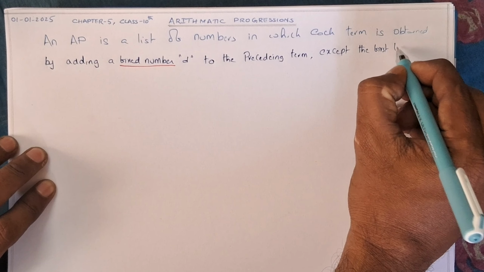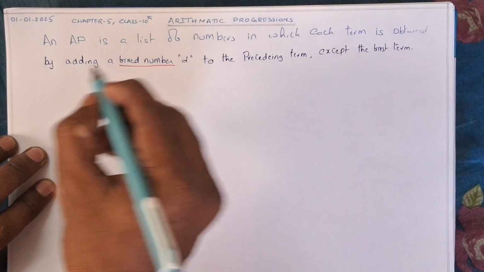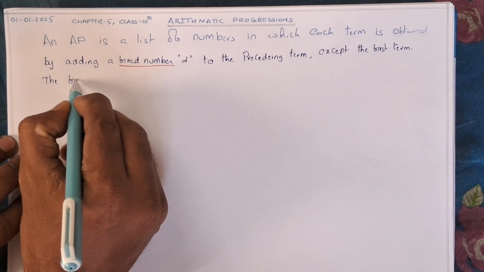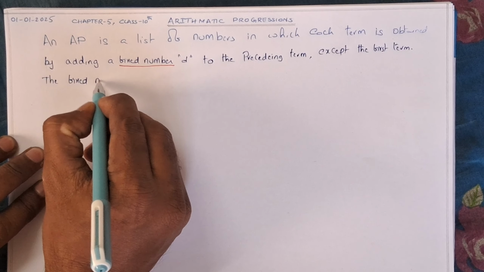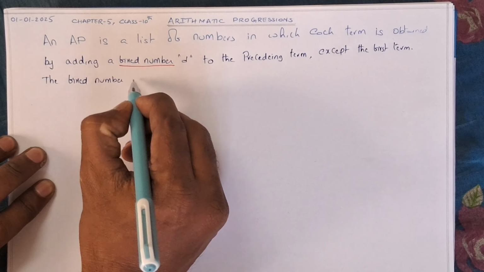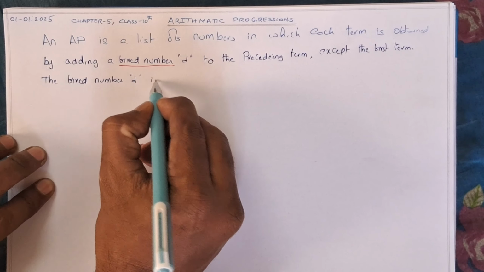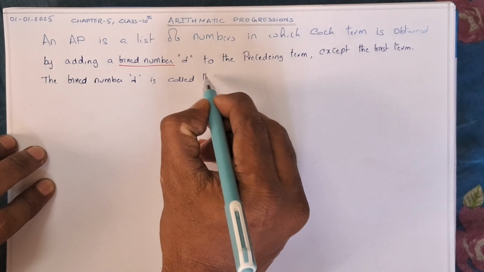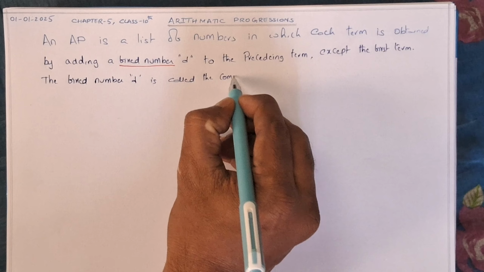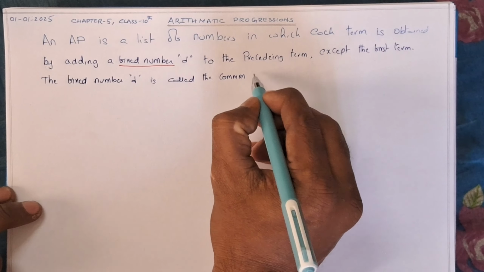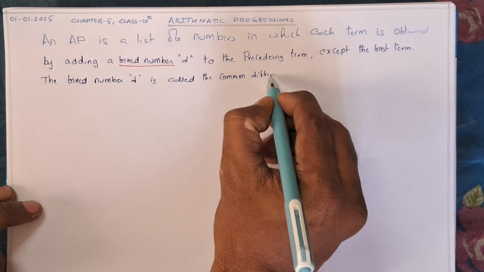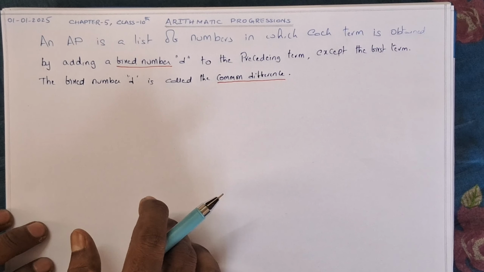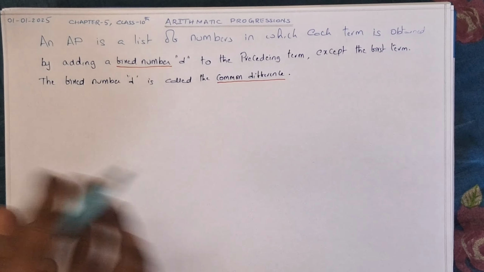For the first term there is no preceding term. The fixed number d is called the common difference. You must have observed that in nature many things follow a certain pattern.